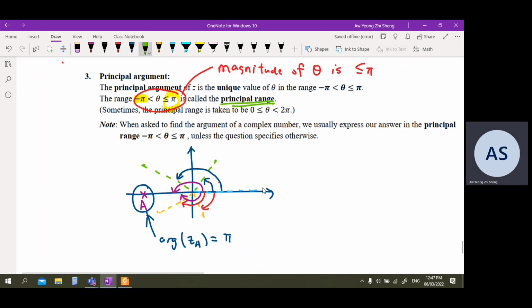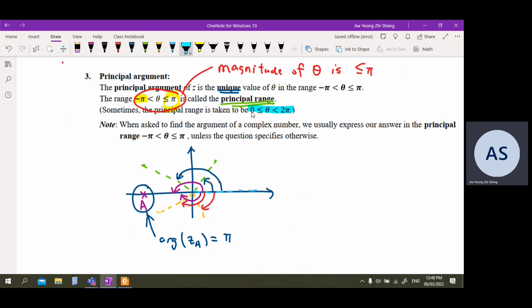So if we stick to the principal range only, then every point on the Argand diagram will have a unique value of argument. A principal argument is unique. Unique means there is one and only one answer. But in brackets, I say here, the principal range is sometimes taken to be from 0 to 2 pi.